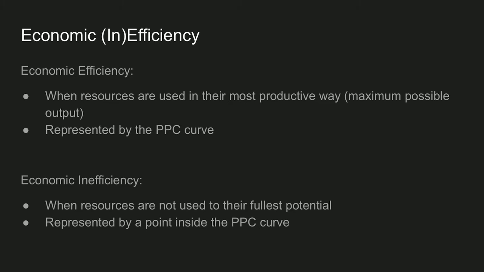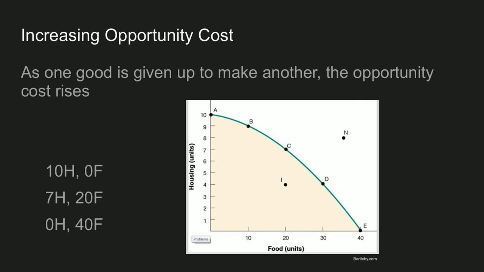So now we're going to talk about economic inefficiency and economic efficiency. Economic efficiency is represented by the PPC. This is when resources are used in their most productive way, or the maximum possible output. And this is represented by the PPC, as we can see points A, B, C, D, and E lie on the PPC, point I lies within the PPC, and point N lies outside of the PPC.